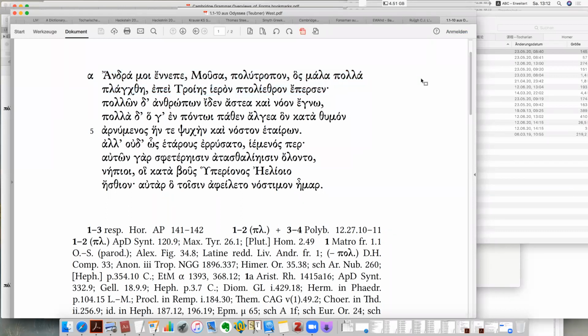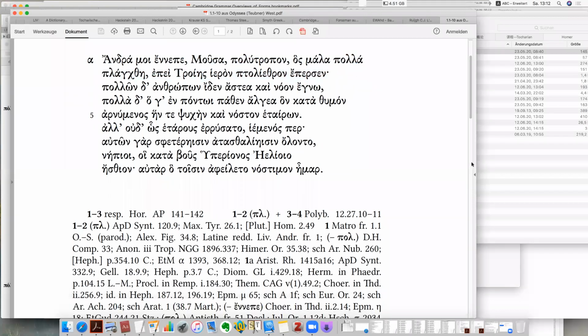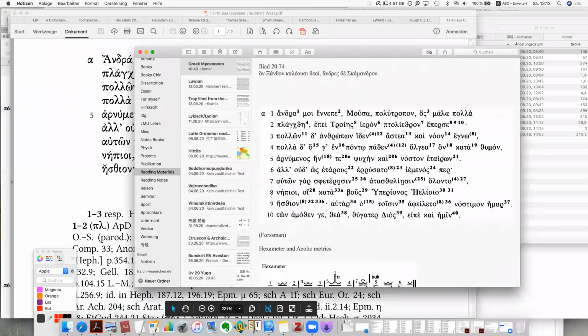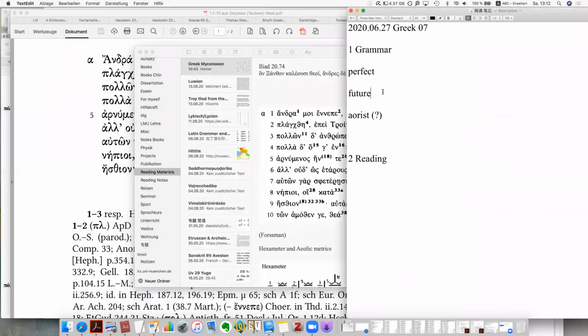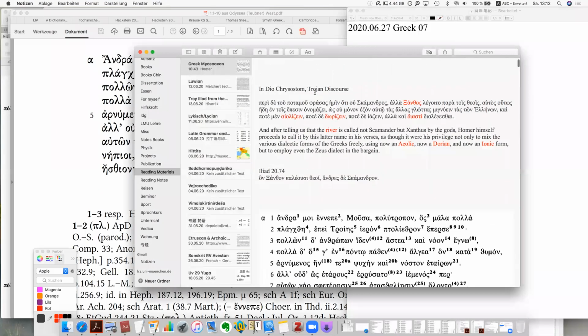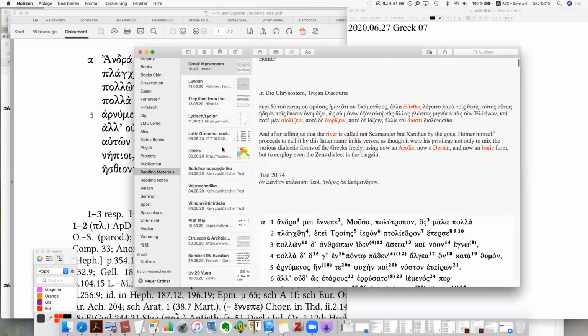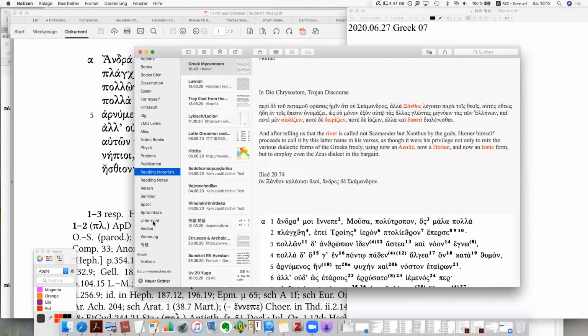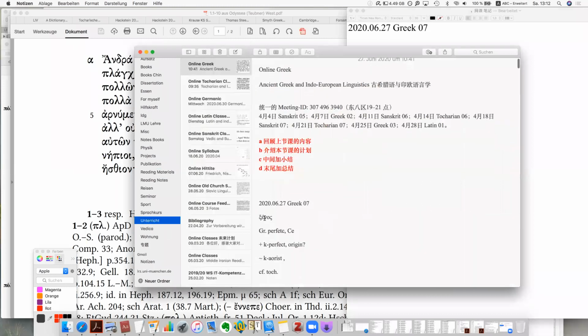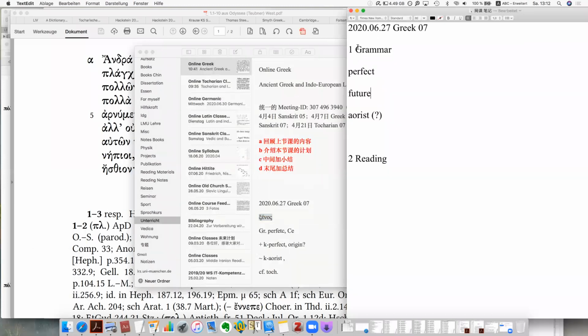This is the Odyssey text, so let's start with our grammar first. Actually, I raised a question today about the word ξένος.